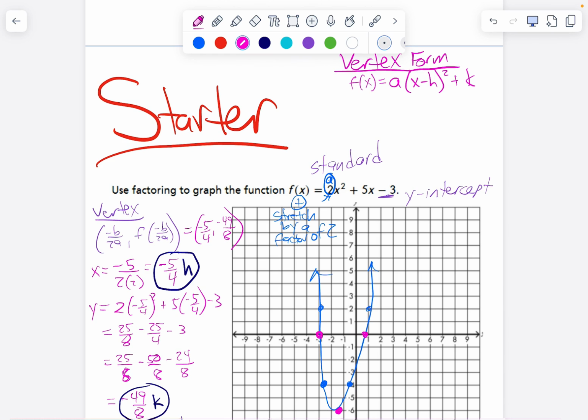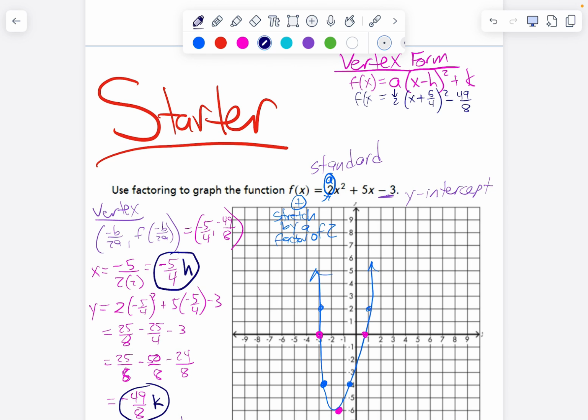Okay. Now I just fill stuff in. I already know A is 2. So that's 2. X we leave. What's H? Negative. I don't need it twice. -5/4. What's K? -49.